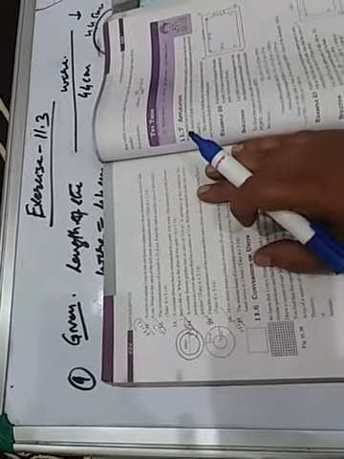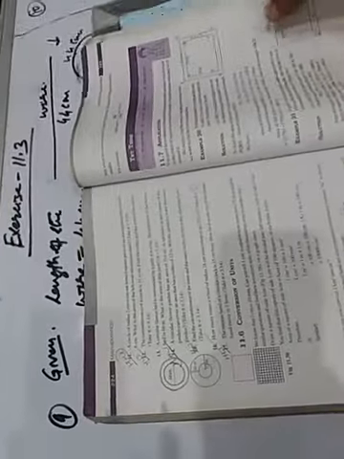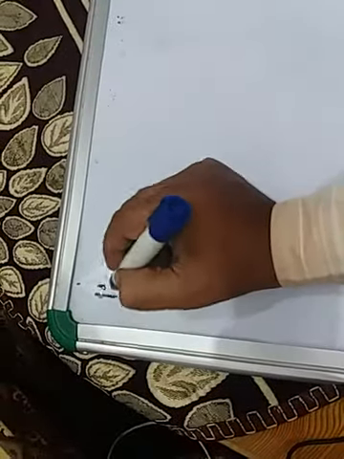Now let us see question number 11. This is an easy question. Question number 11 states that a circle of radius 2 cm is cut out from a square piece of an aluminium sheet.